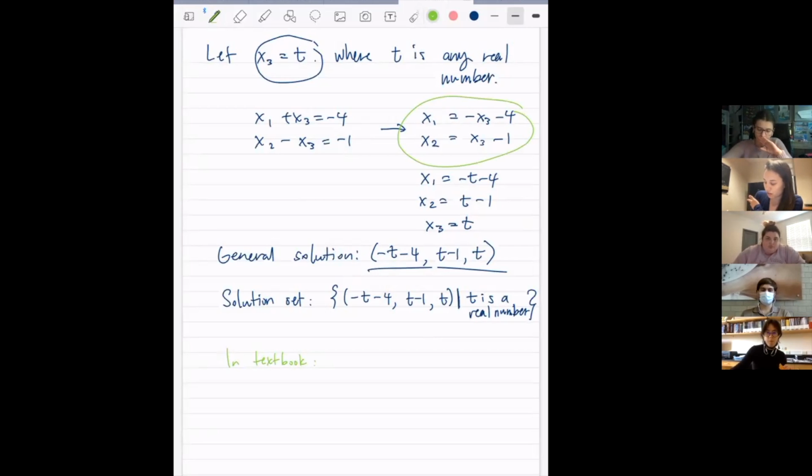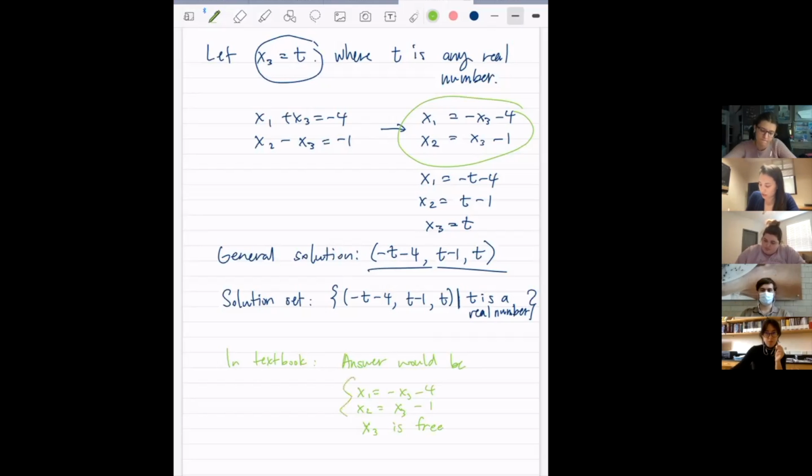So your answer would be just this. You'd copy this down: x1 equals negative x3 minus 4, x2 equals x3 minus 1. And then you would write that x3 is free, or a free variable, right? And that would be your answer.